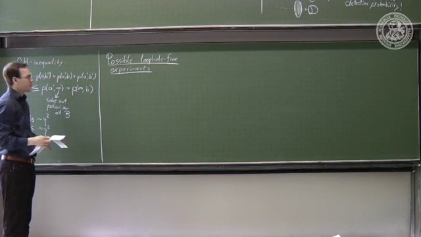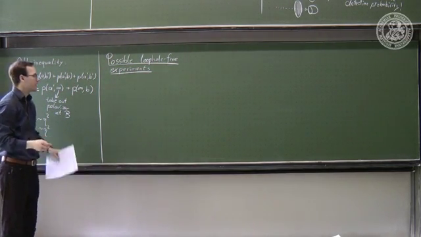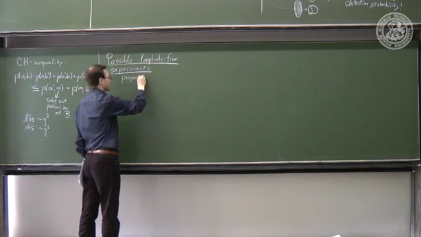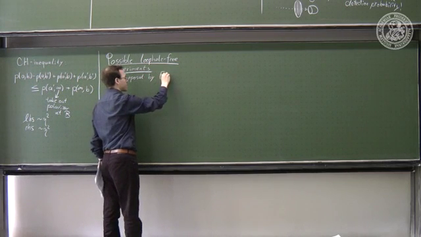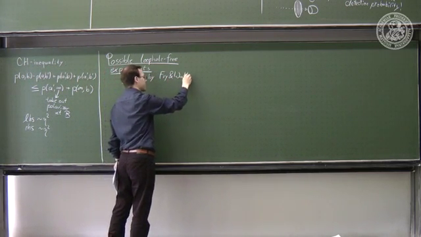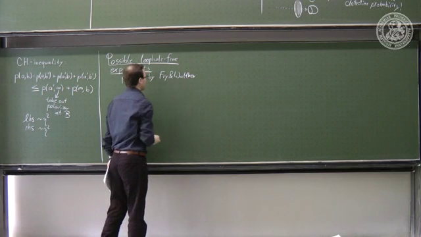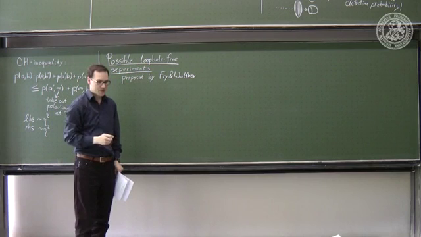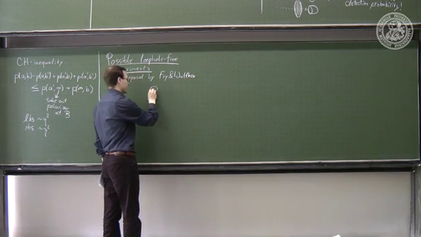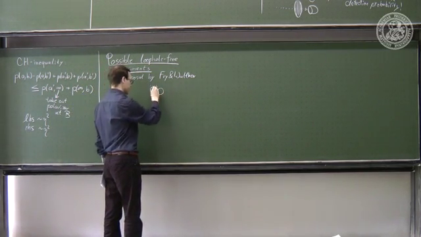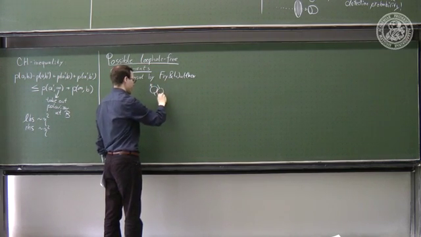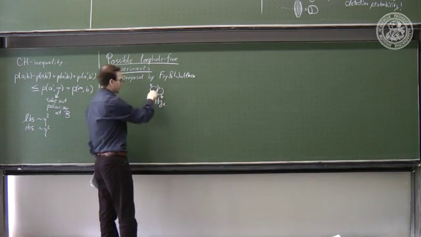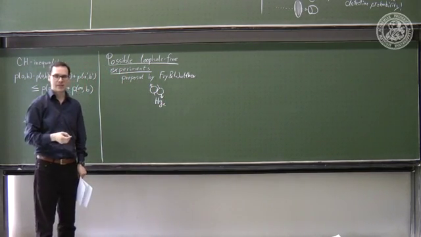So the first one I want to mention is a proposal by Fry and Walther. It builds on the fact that if you take a mercury dimer, a molecule made out of mercury atoms, then the spins of the atoms are already in a spin singlet state.